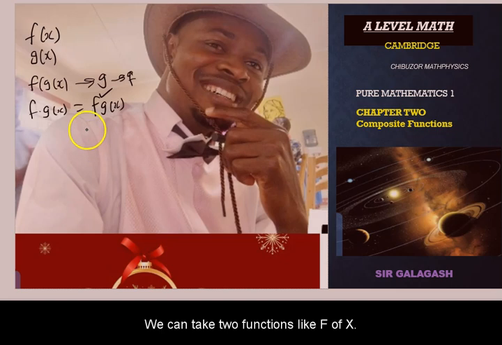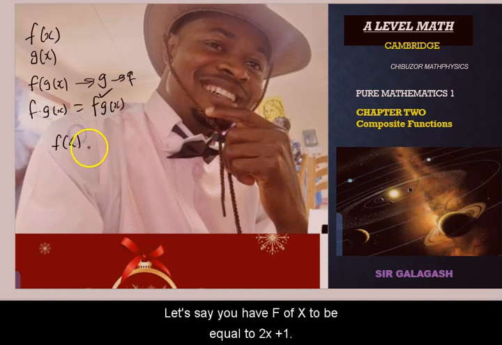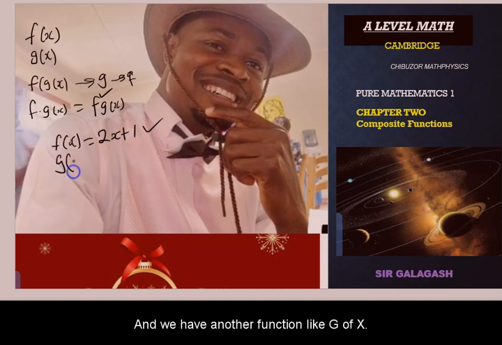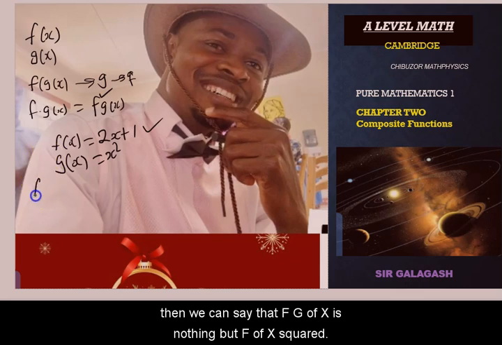We can take two functions like f of x. Let's say you have f of x equal to 2x plus 1. So this is a function. And we have another function like g of x. So if g of x is equal to x squared, then we can say that fg of x is nothing but f of x squared.